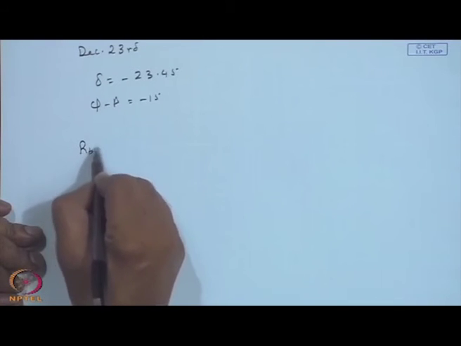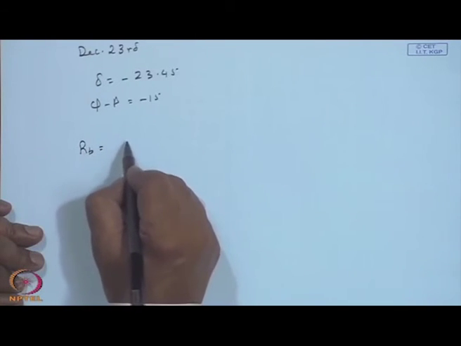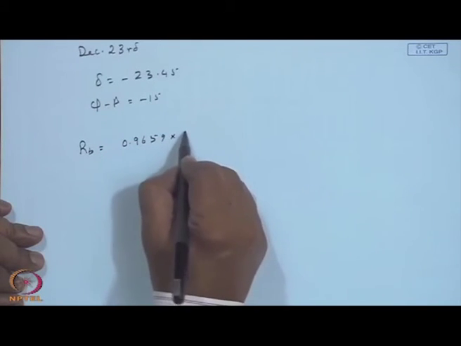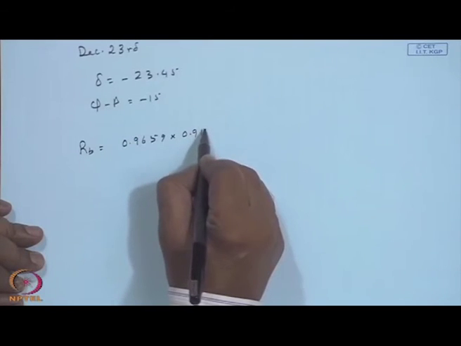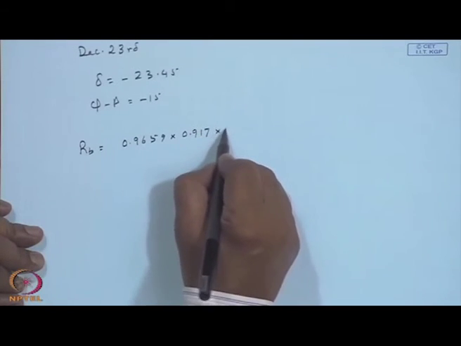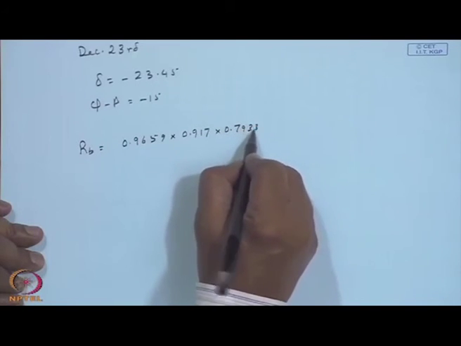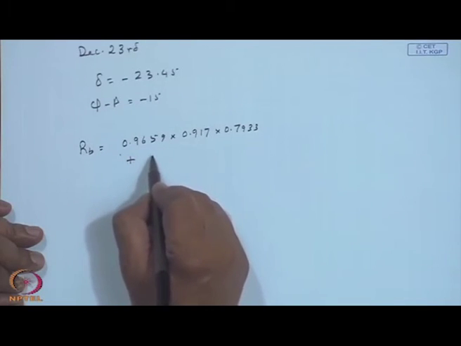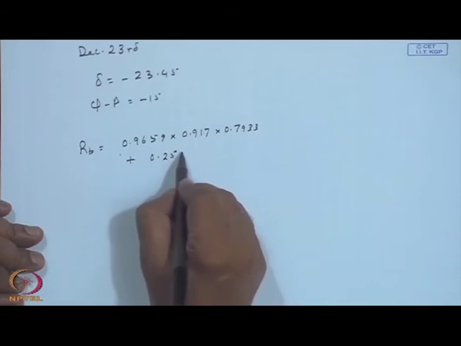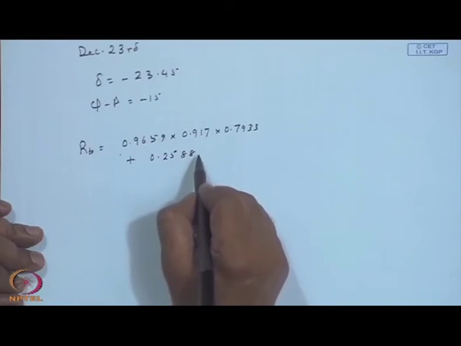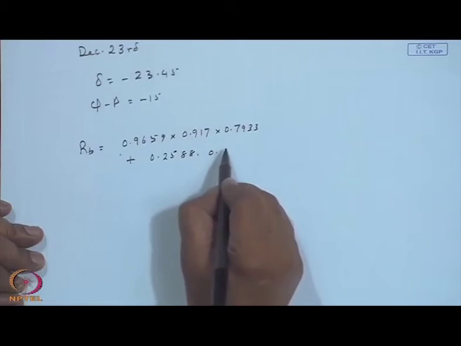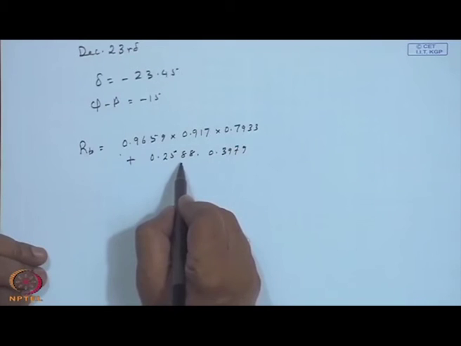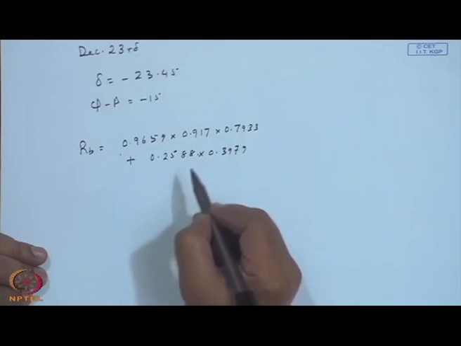So, RB will be cos of phi minus beta, which is 0.9659 times 0.917 cos delta cos omega, that remains the same, 0.930, plus sin of phi minus beta, 0.2588, into sin delta, 0.3979. Please note that sin of phi minus beta is negative, so is sin delta.